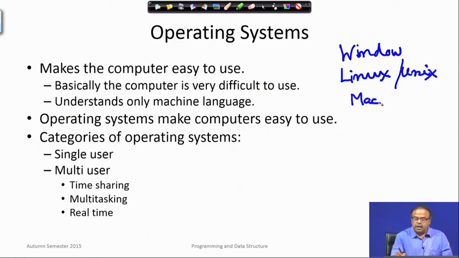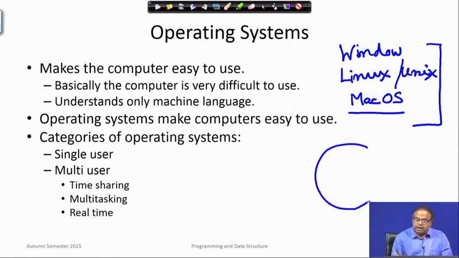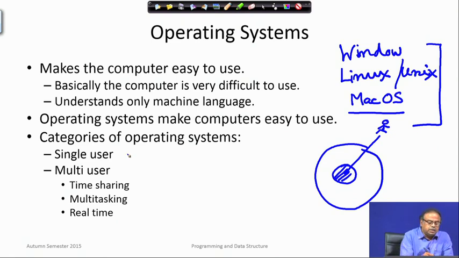Nowadays Apple is becoming popular, Mac OS, all these things are operating systems. Now, what is the operating system? The operating system is a layer around the hardware which enables a user to use the system in a much more user friendly way. Now, there are different varieties of operating system, single user operating system, multi user operating system, etc.